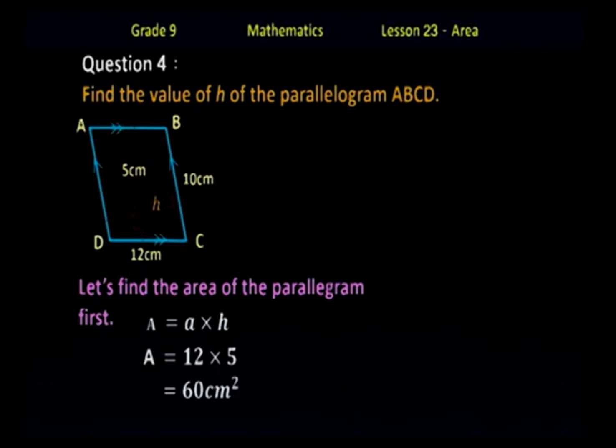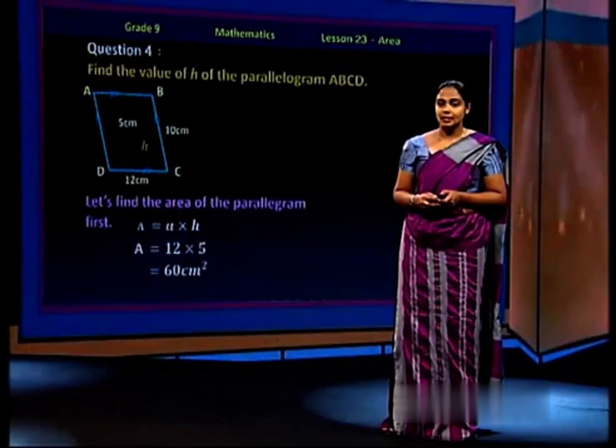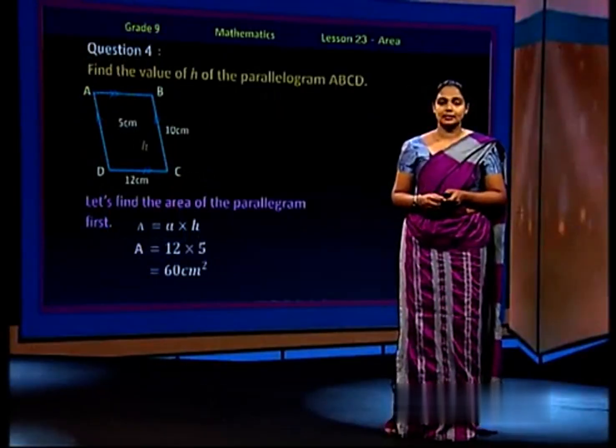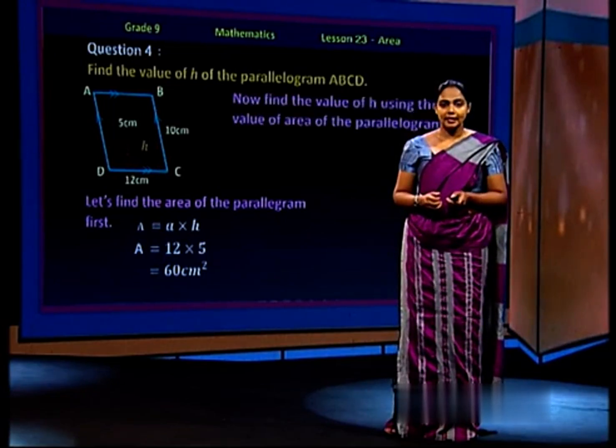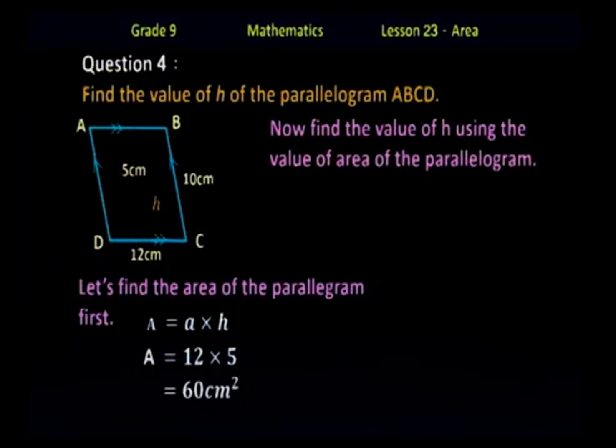60 square centimeters. Then students, now you can find out h because you have the area. Then it is substitution. Again we can find out the area of the parallelogram using base BC. If base is BC, what is the perpendicular height? It is denoted by simple h.